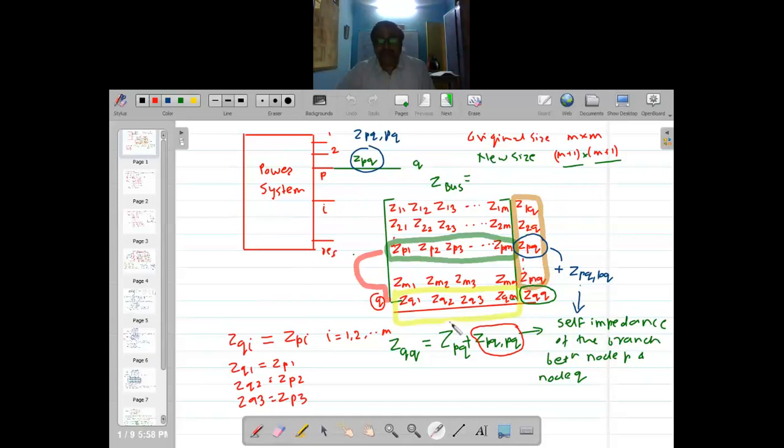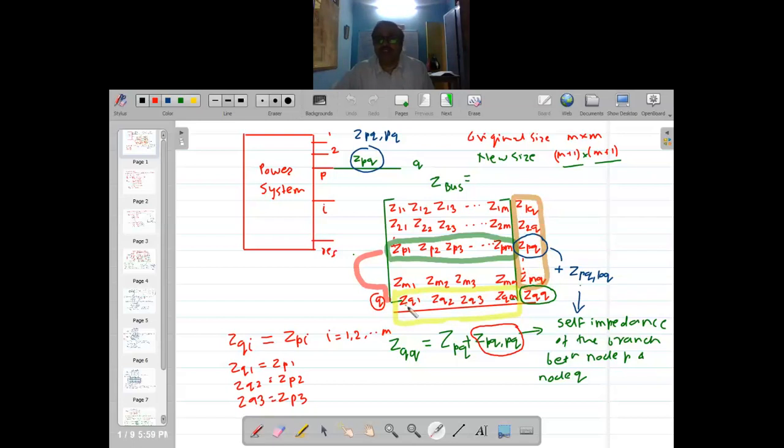So the formula is very simple. Whatever is the node q that you are adding, this row is nothing but a copy of this row, pth row. So it will go here. Similarly, Z bus is symmetrical, so this portion will go into the column because they are just transpose.